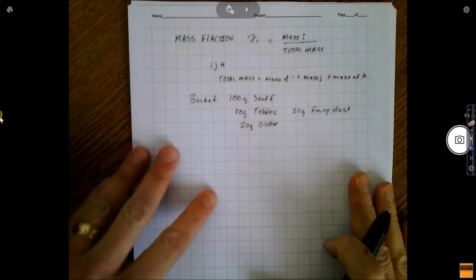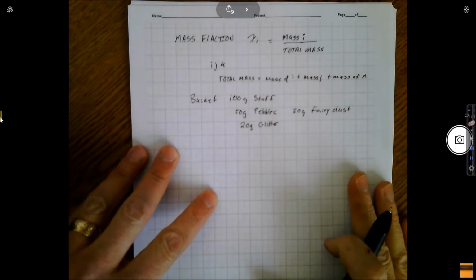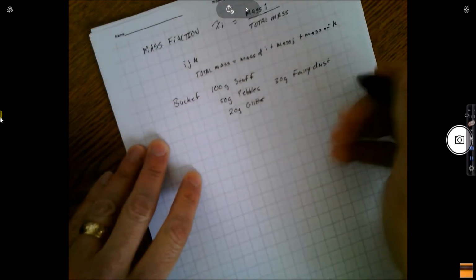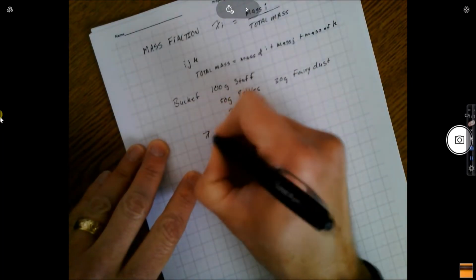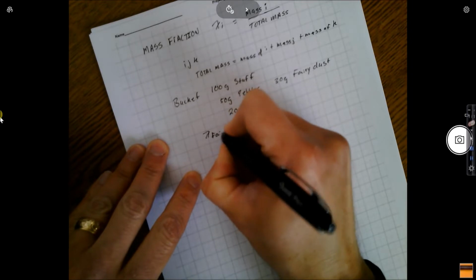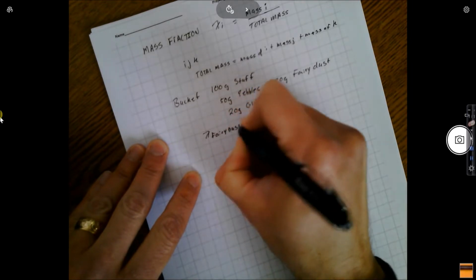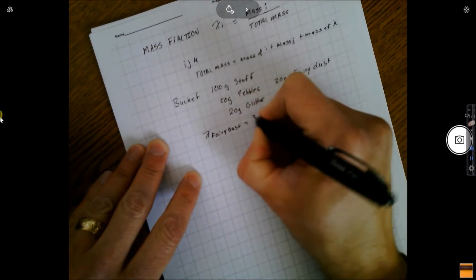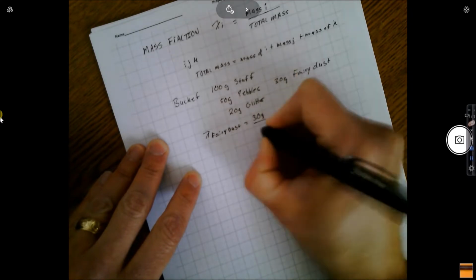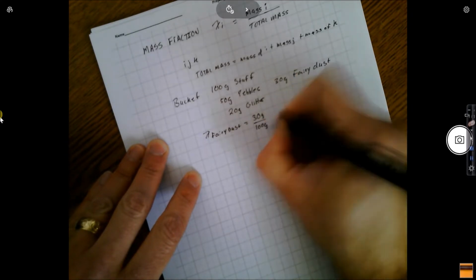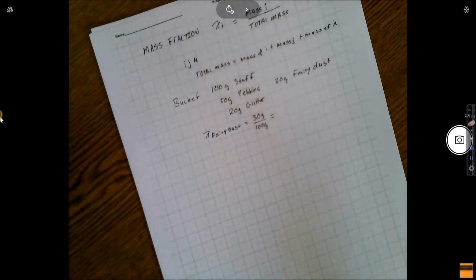So we want to know what the mass fraction of fairy dust is in my bucket. It's a quite simple operation. The x of fairy dust is 30 grams over 100 grams. You all can probably do this calculation in your head. My brain has long since reached the downhill stages.